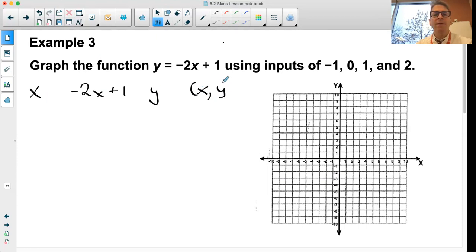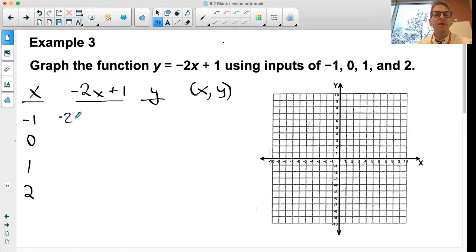This is how I will work this. Instead of putting the lines, I'm just going to put columns. So the x's are given to us as -1, 0, 1, and 2. In this column you're going to substitute in whatever that x is.